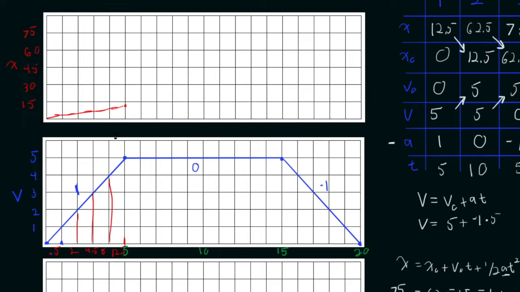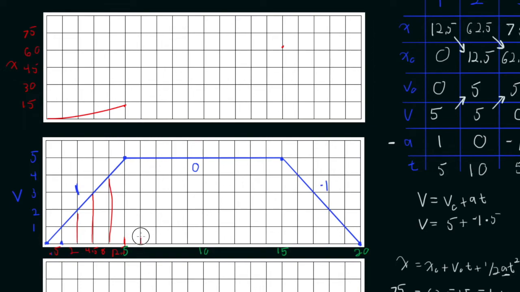Let's do that a little better. So we slope up to that value. And then from 5 seconds to 15 seconds, we're going to go up to 62.5. This is going to have a very steady, straight slope, because when my velocity is staying steady, the area increases at an even pace.